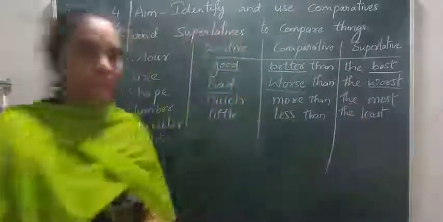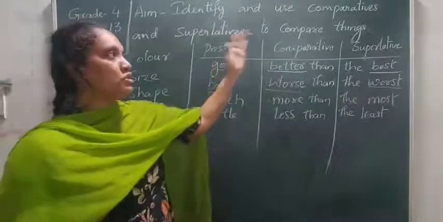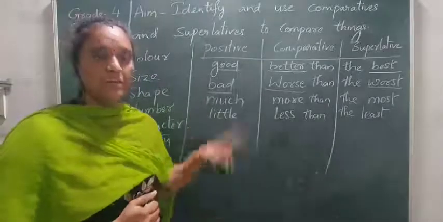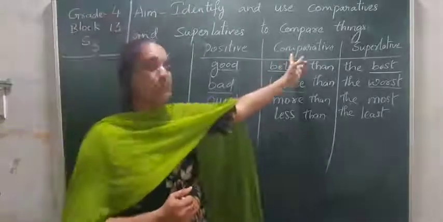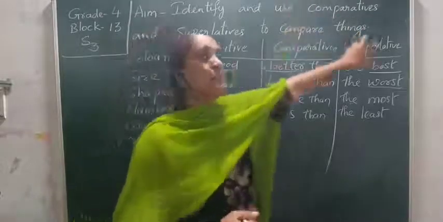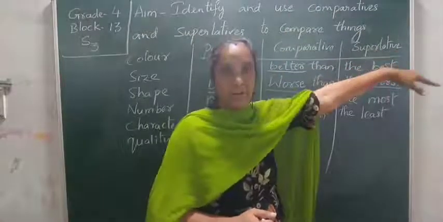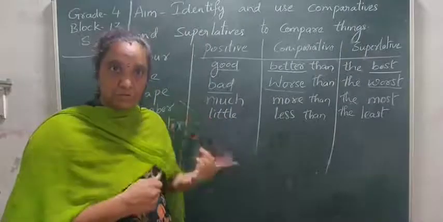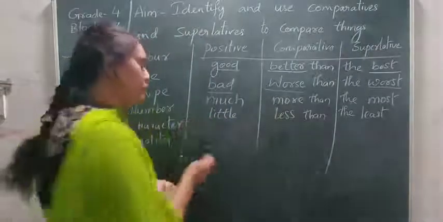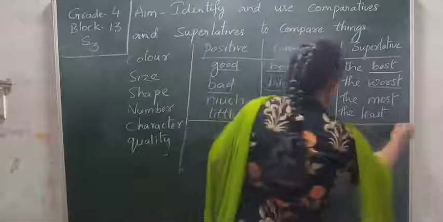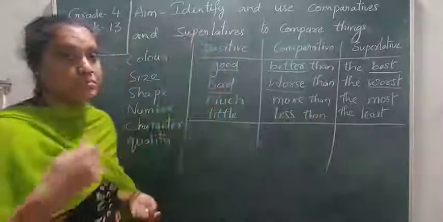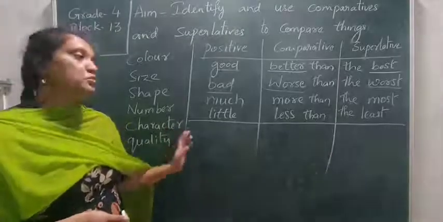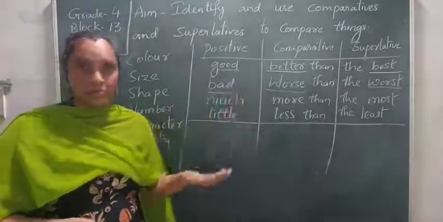So in this way we use the positive, comparative and superlative degrees. While using, you want to remember whether the comparison is between two members or between three or more than three, and also whether it is a single syllable which can be pronounced at a time or more. If it is more than a single syllable, then we want to use the words more and most.